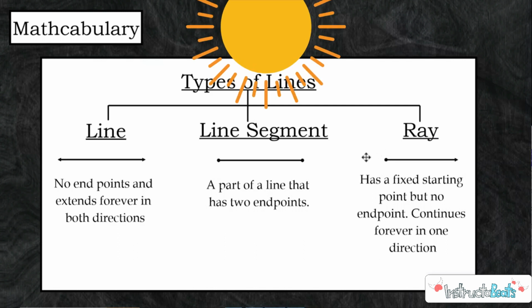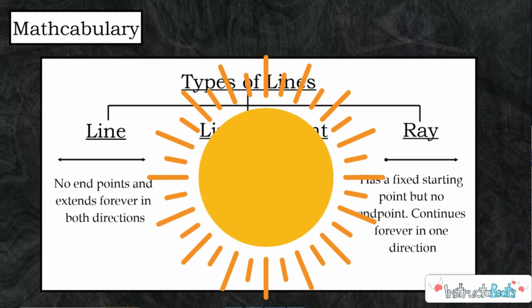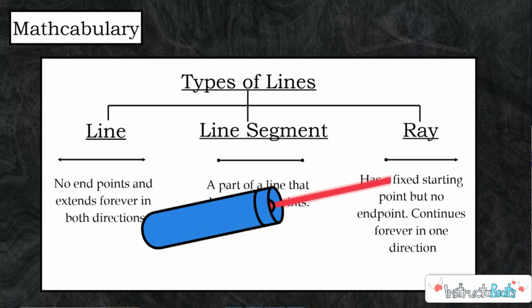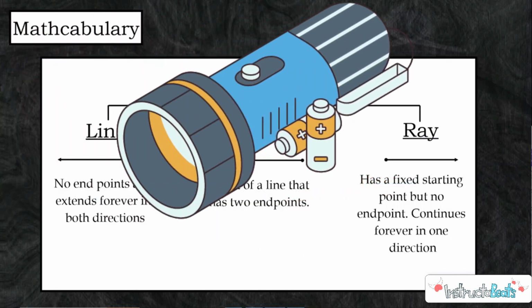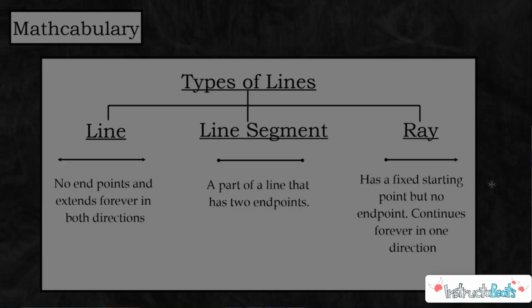First of all, we have the sun's rays, which start at the sun and then continue forever. They actually bounce off Earth and go back up, but we'll talk about that later. Some of it gets absorbed. I'm not a scientist. Then you have a laser beam, don't shine those in people's eyes, that could hurt. And then a flashlight, which starts at the light and goes on forever. So those are the three types of lines we're going to be focused on for this unit.